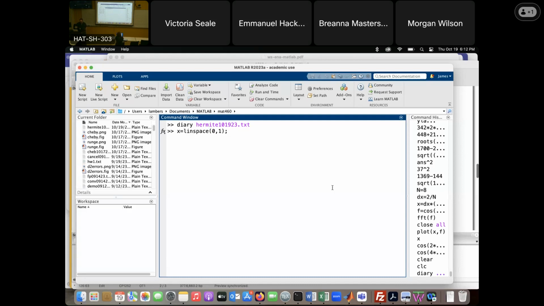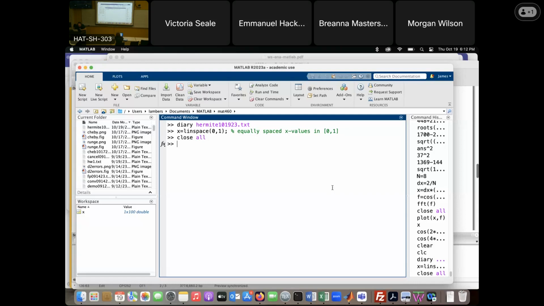And I already have the interpolating polynomial defined, so I can just go ahead and plot it. First, I'll plot the function that I'm trying to match. Make sure I don't have any figure windows open, so do close all.